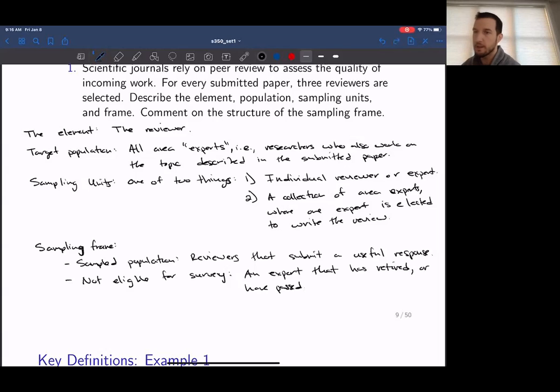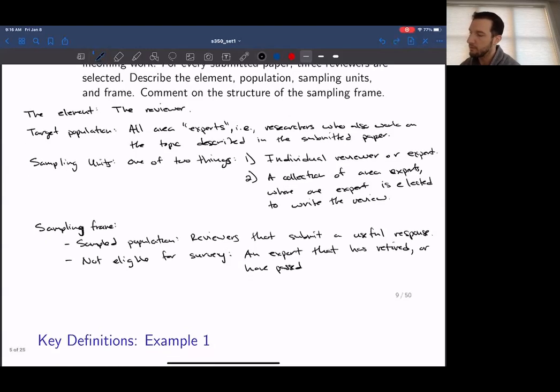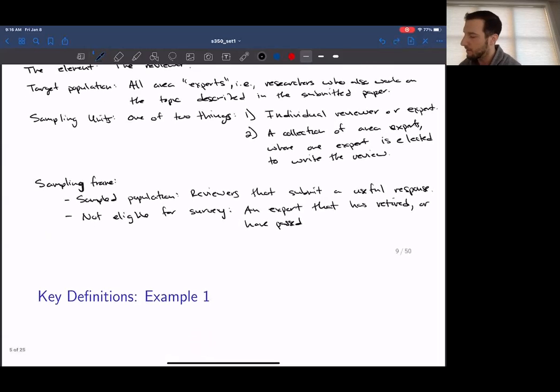All right. So not eligible for the survey would be someone that is considered an expert, but obviously is incapable of providing a response or is not necessarily still up to date with the field. Okay, so then we could have the not reachable portion.